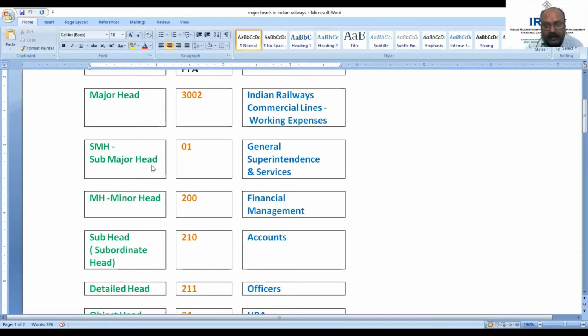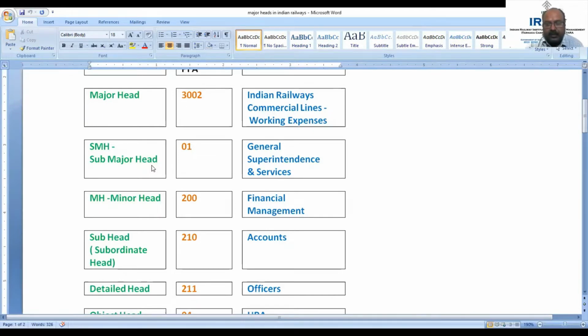That is the reason the RPF department or security department, claims department, catering department, medical department do not come under demand number 3. They come under demand number 11 and 12.